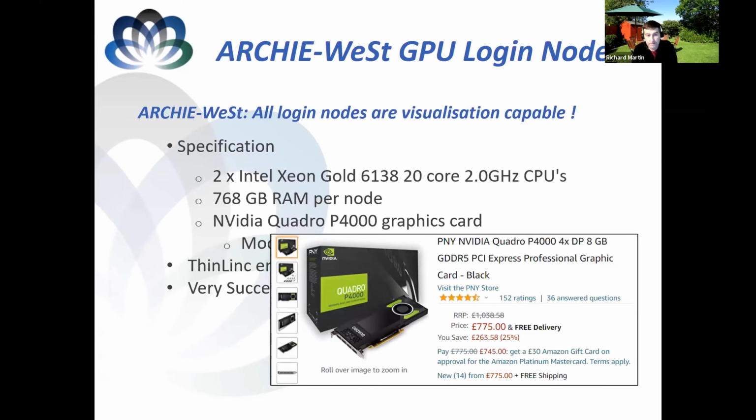When we wrote the tender, we couldn't specify a particular product. So what we did was we said, right, in these login nodes, we just want a single slot graphics card because we knew that would limit the options. But nonetheless, one vendor came back to us and said, oh, well, we'd like to install a dual slot graphics card. Can we do that? So we replied and said, no, you can't.